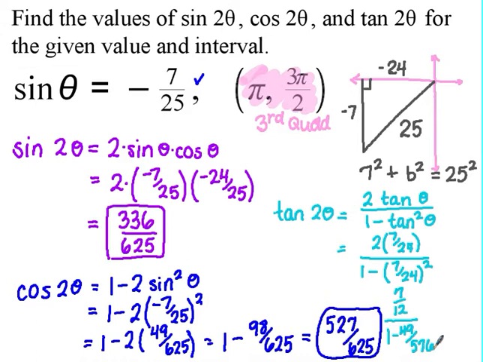Isn't that what 24 squared is? 576? Yes. Okay, so really you end up having 7/12 divided by, what is that, 527 over 576. What'd you get? 336 over 527. You should get 336 over 527.